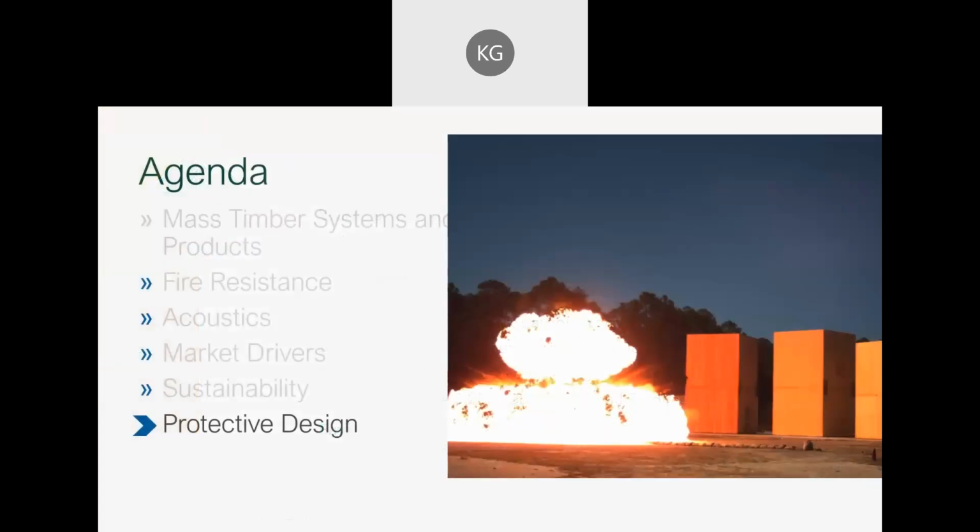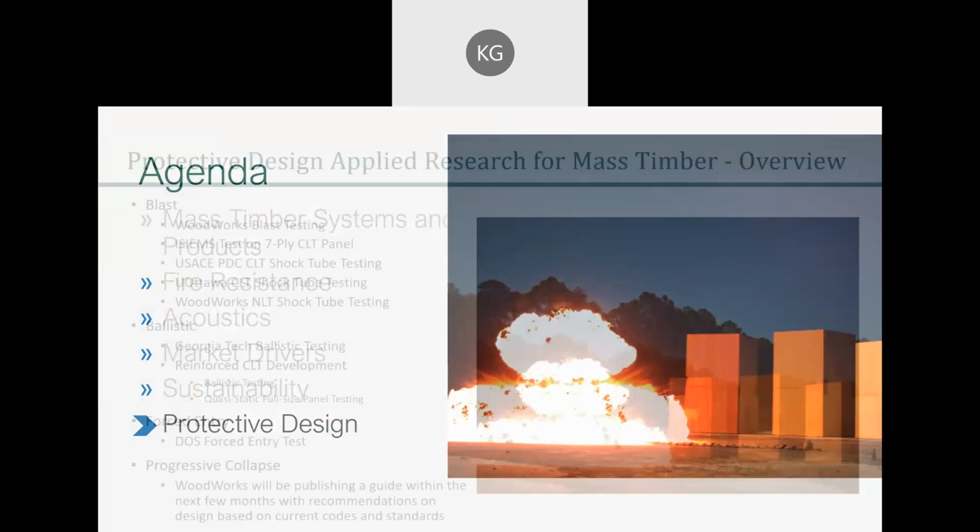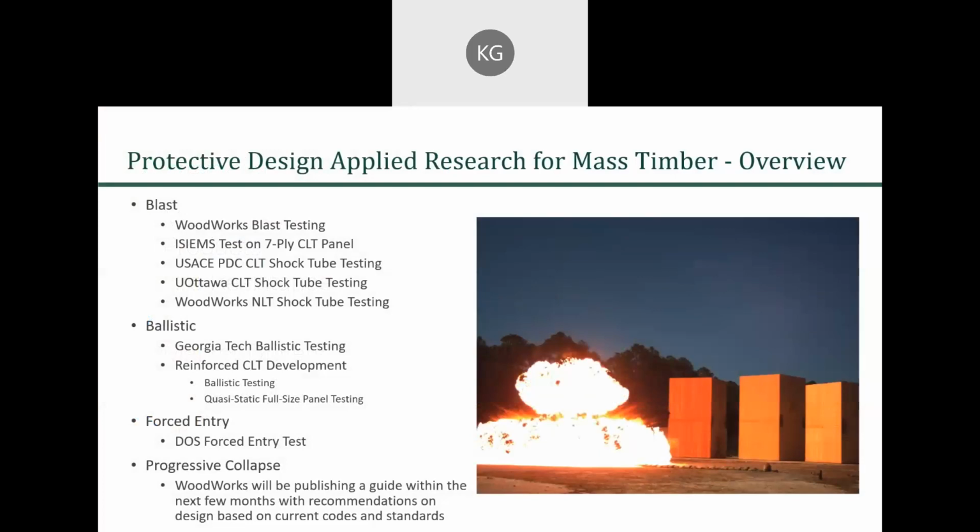Okay, last topic, blast, ballistics, forced entry testing and design. This is a high-level overview of some of the research that's been performed to date in this space for protective design. WoodWorks was involved in multiple blast tests of CLT panels in 2017.